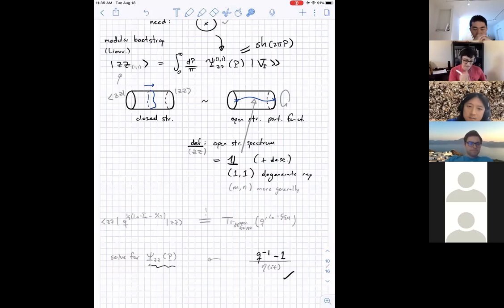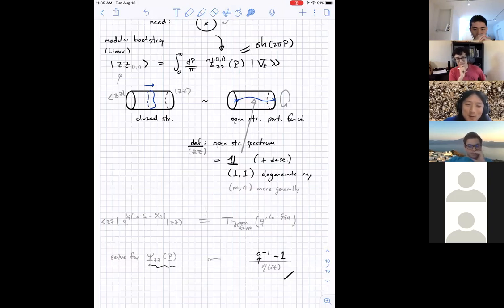Sorry, why does it have to be real? How do I see that? Well, the c equals 25 Liouville theory is a unitary CFT, and at least the 1,1 boundary condition is in fact a unitary boundary condition.